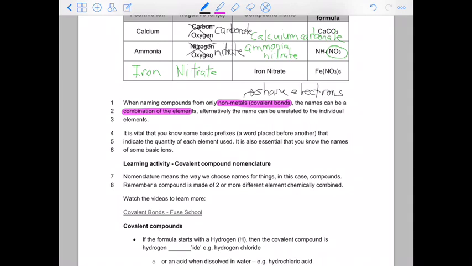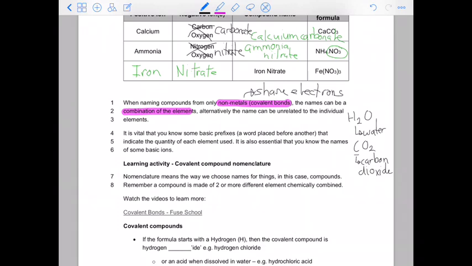For example, think of the covalent compound with 2 hydrogen atoms and a single oxygen atom. You know that this is the compound of water. It has nothing to do with the elements within it, we just call it water. Whereas if you think of CO2, another very common covalent compound that we discussed, we call this one carbon dioxide because there are 2 oxygens.